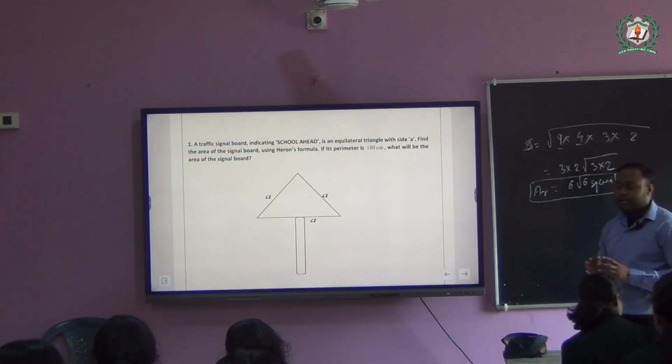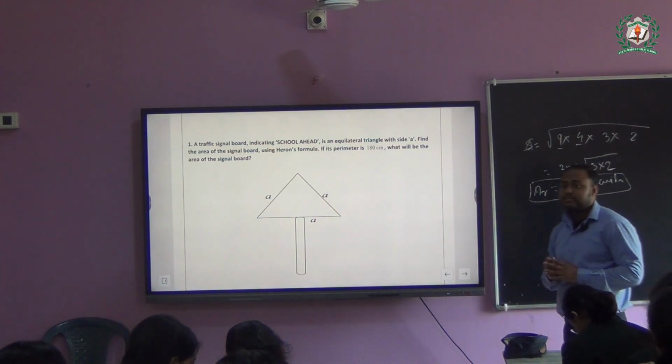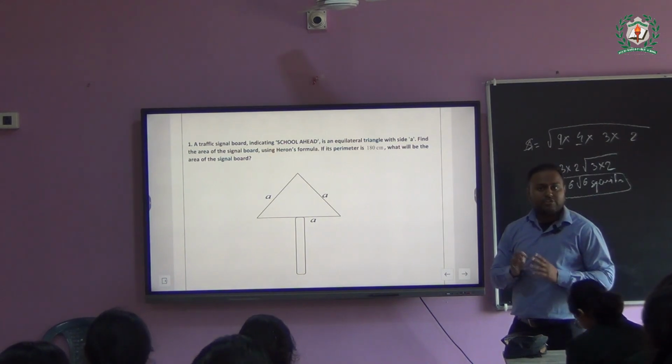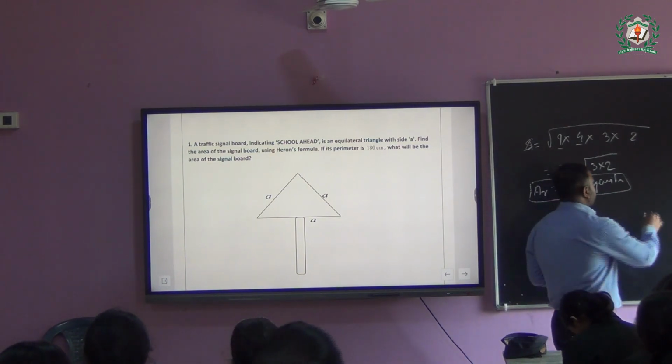You have everything, but there is one hint, that the triangle is an equilateral triangle. Is that clear? Okay, the triangle is an equilateral triangle.